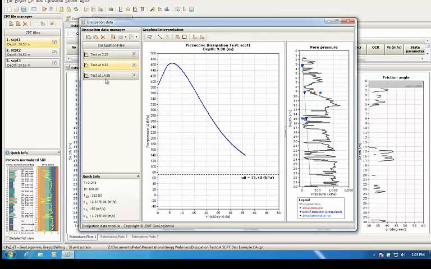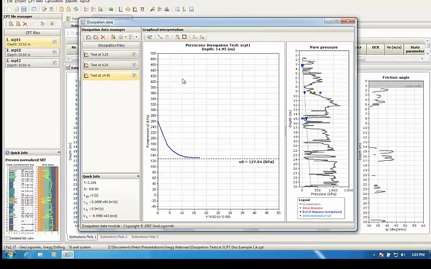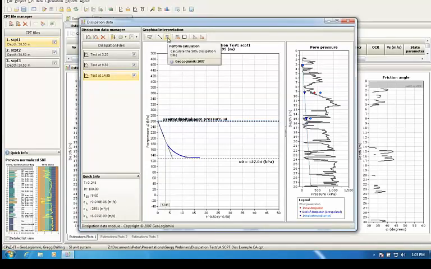And if it doesn't, you actually have the option to manually change U0. So I can move it up and down, and of course T50 changes and the calculation changes. You can see that happening there. So the program does allow you to look at those quite easily, and you can do that on all the interpretation.